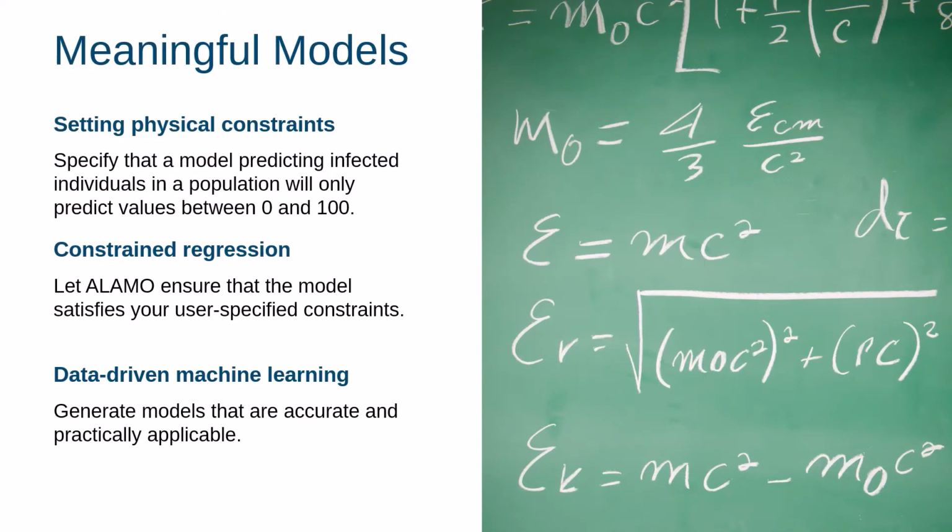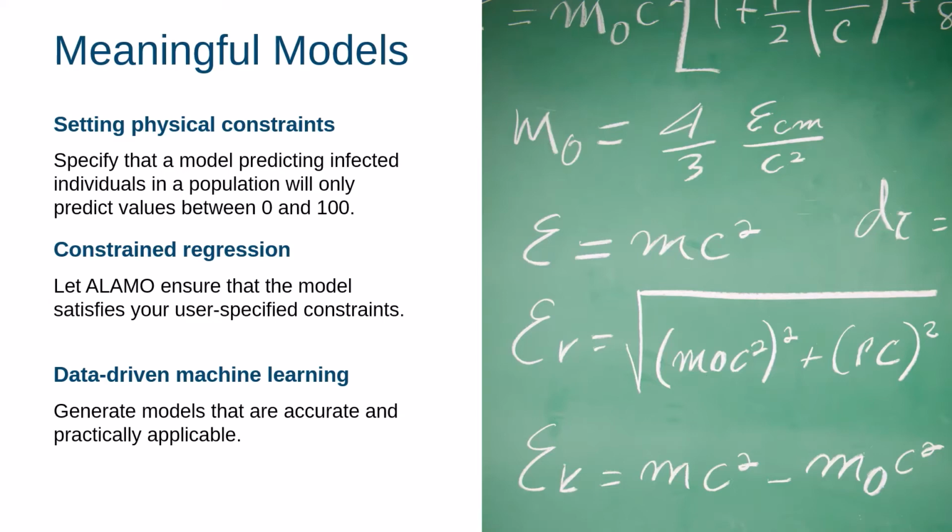Often, domain expertise and practical insights are available that can strengthen the machine learning model. In other cases, obvious constraints exist on the model. For instance, a model predicting percentage of infected individuals in a population should only predict values between 0 and 100.